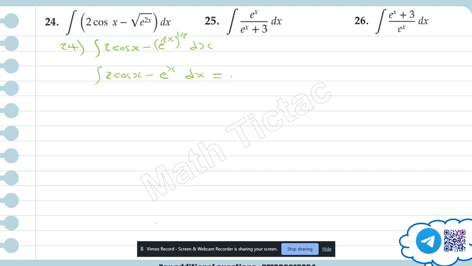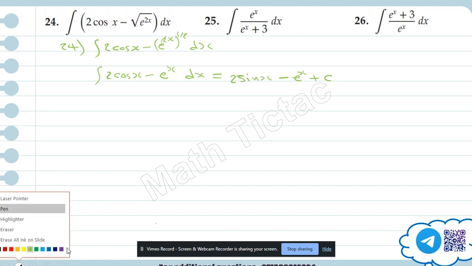The integration of cosine is sine, not minus sine, and we have the constant 2, so 2 sine x minus e to the power x, plus c. So this is sine, not minus, be careful.